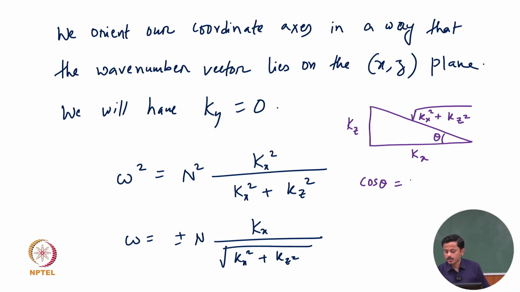And what does cos theta mean? Cos theta is kx by square root of kx squared plus kz squared.